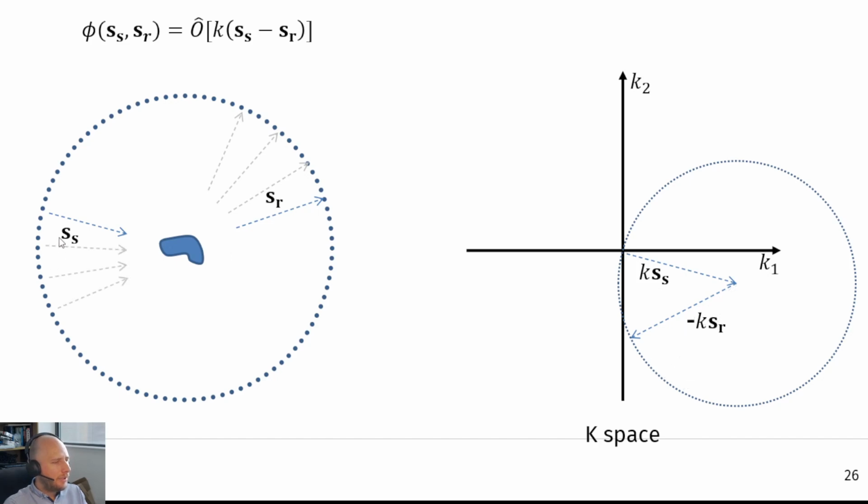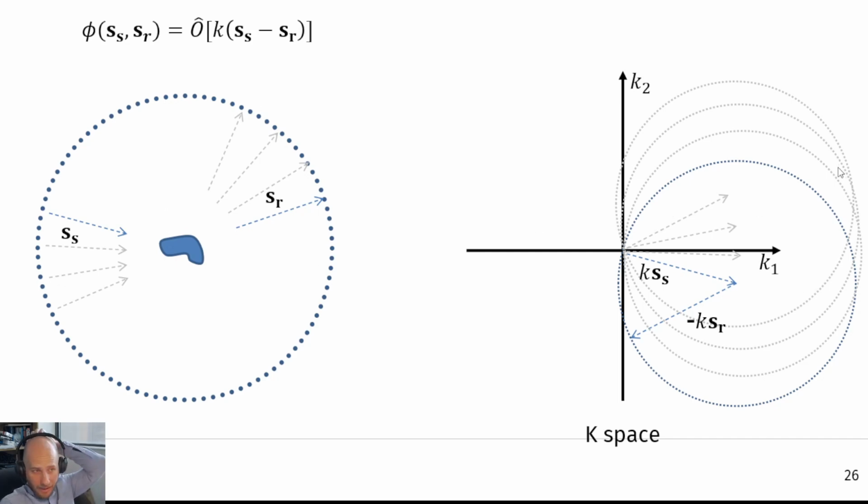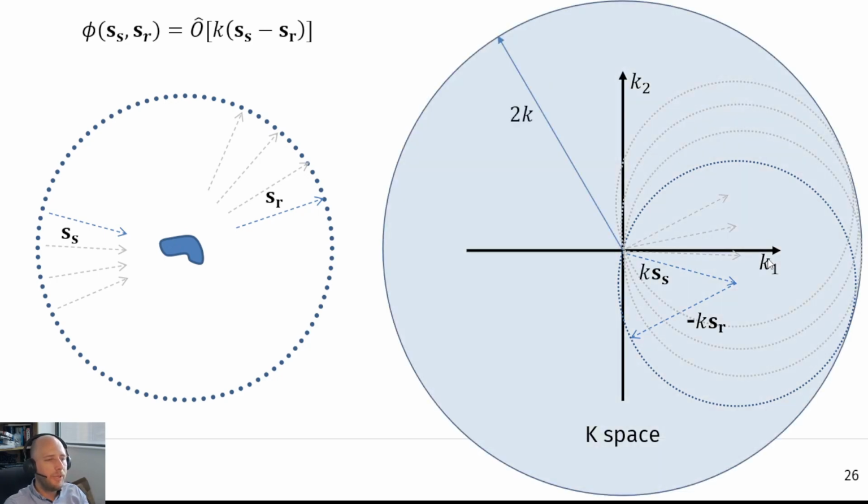Then you can change the source as well. We've changed the receiver so far, but if we change the source, then our source vectors will change to these points in K-space, and therefore we will effectively map out a circle for each one of these sources as we go around the receivers. This will be sampled quite a bit closer than I've illustrated here, but if we do that, we end up fully populating this circle.